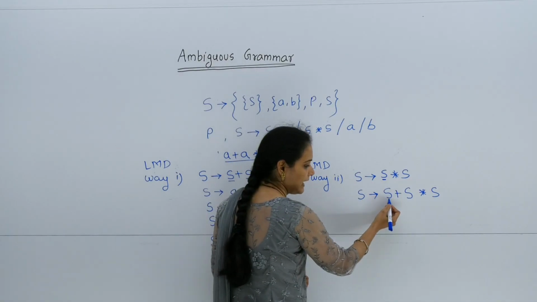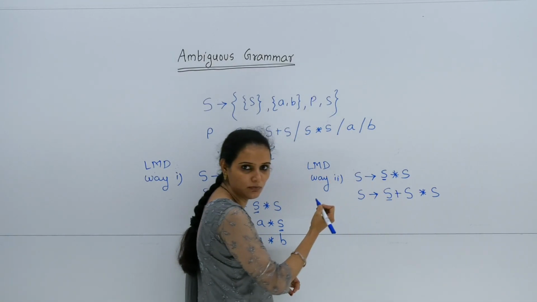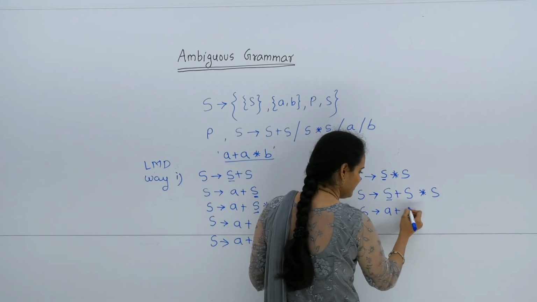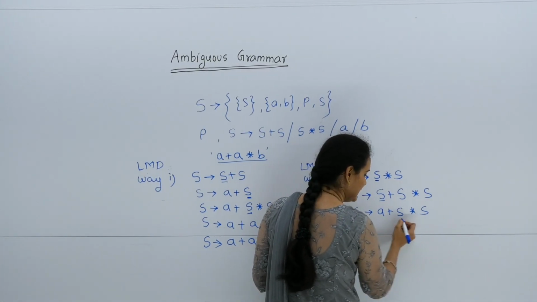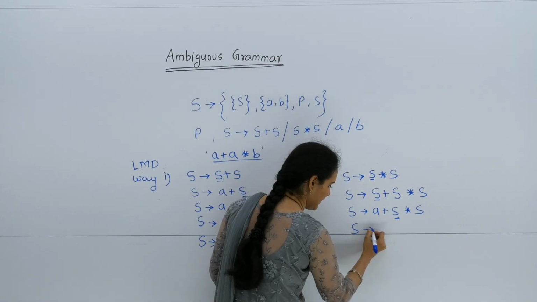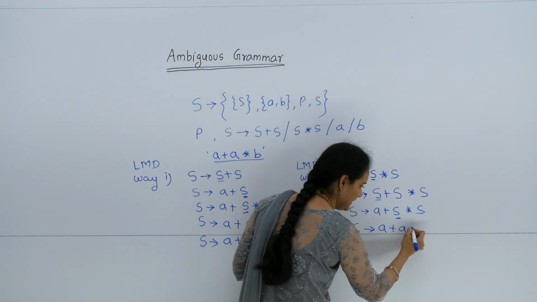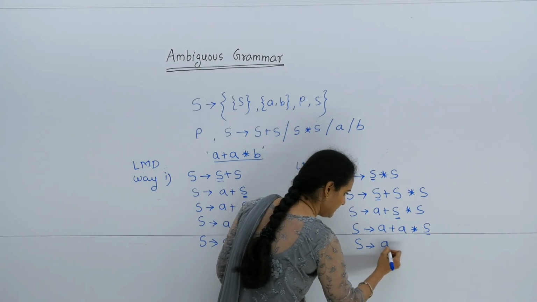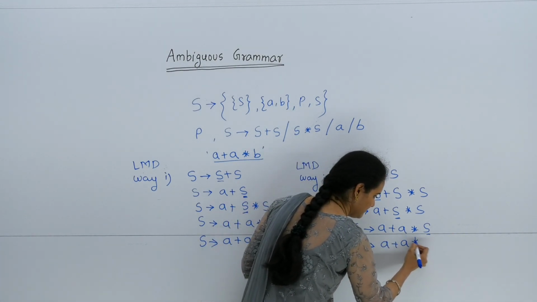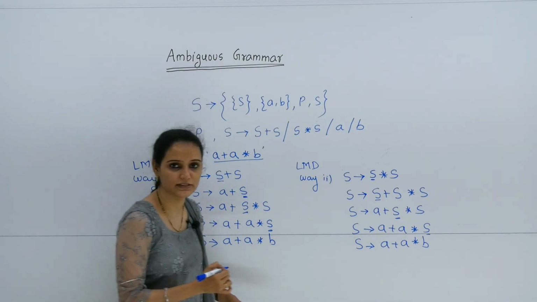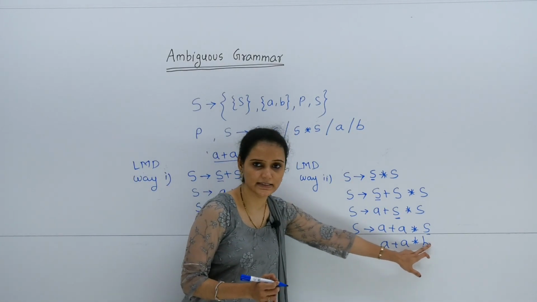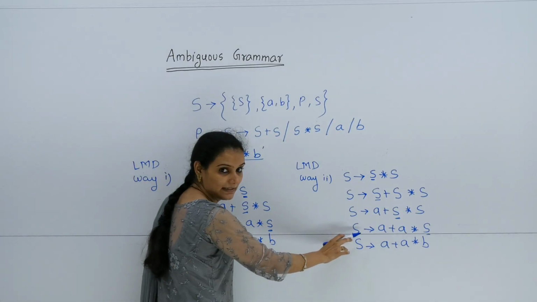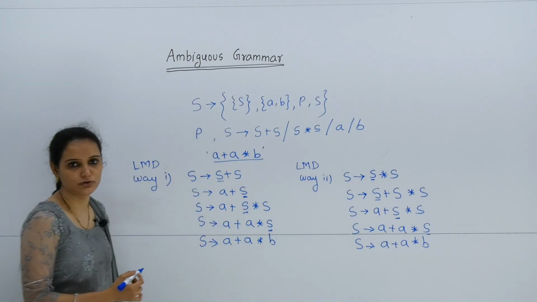Now that S is the leftmost non-terminal which I am going to replace by A, then another leftmost non-terminal I am going to replace by A, and the only remaining symbol I am going to replace by B. So here I have derived the string A plus A star B by using another way of the leftmost derivation.